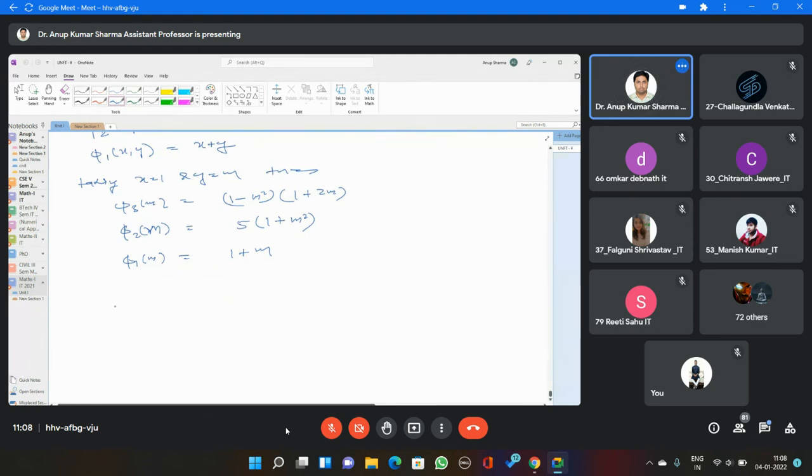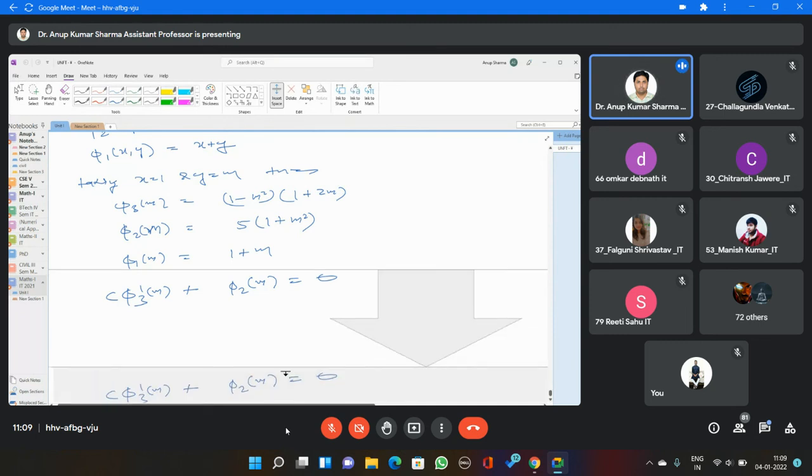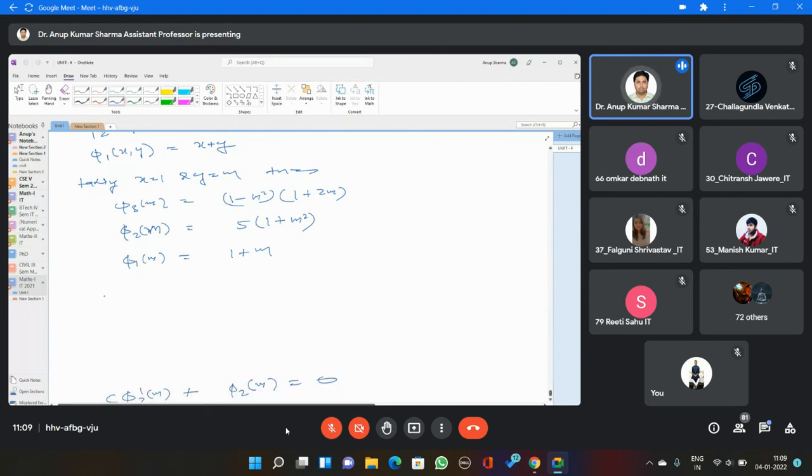After that, phi 3 of m is equal to 0. By this process, you will have the value. One thing I should have written directly for the calculation: first we calculate the value of m.